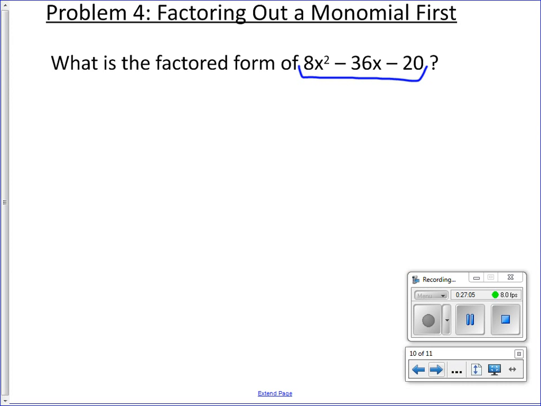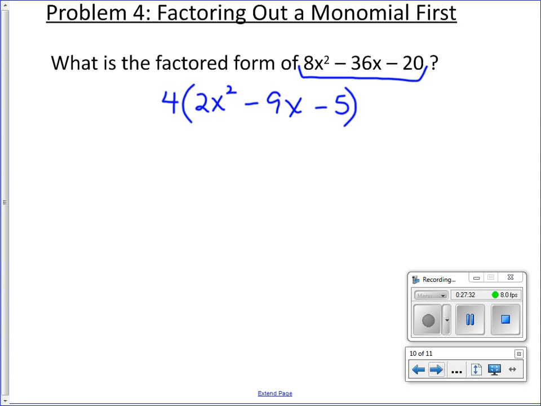So when we look at 8, 36, and 20, we notice that 4 would be a greatest common factor of all three terms. So factoring 4 out of 8x squared leaves us with 2x squared. And factoring 4 out of 36x leaves us with 9x. And factoring a 4 out of the minus 20 would leave us with minus 5.